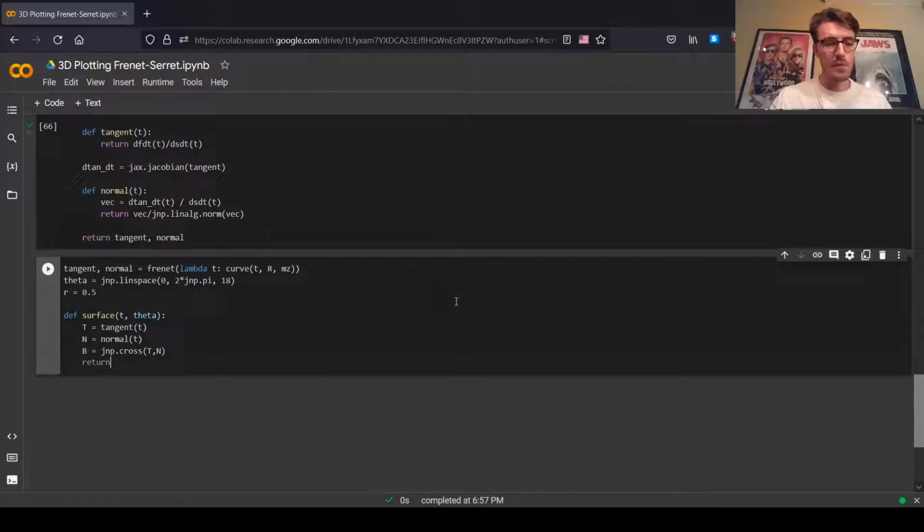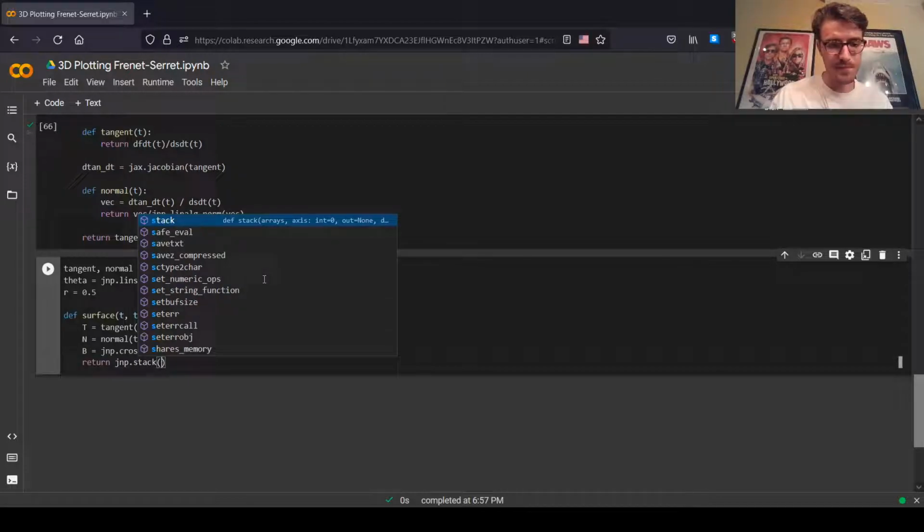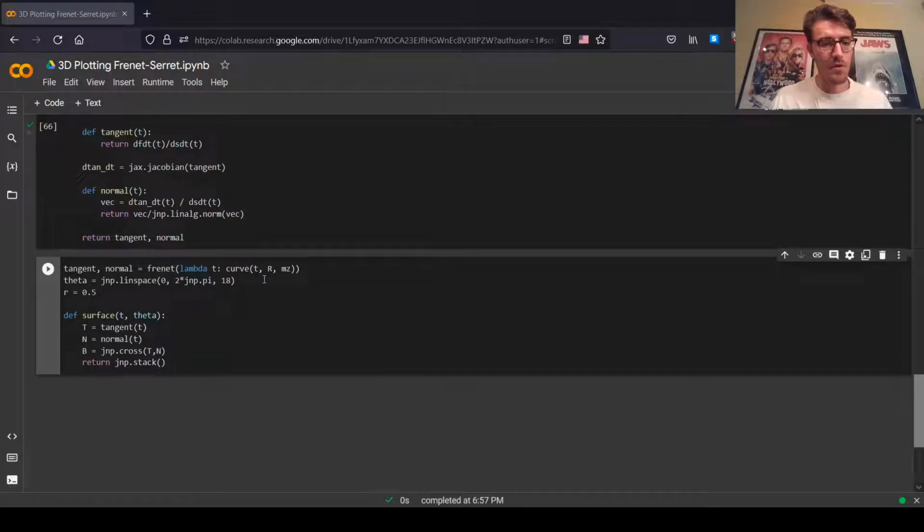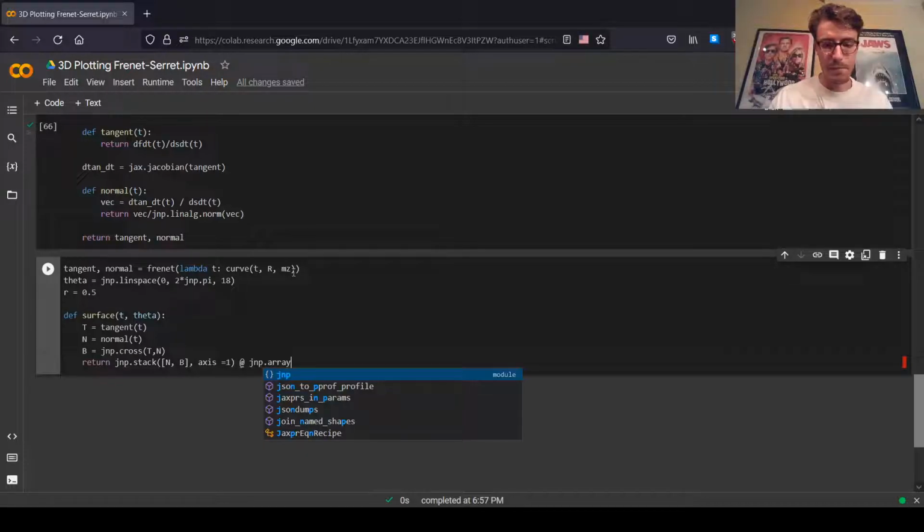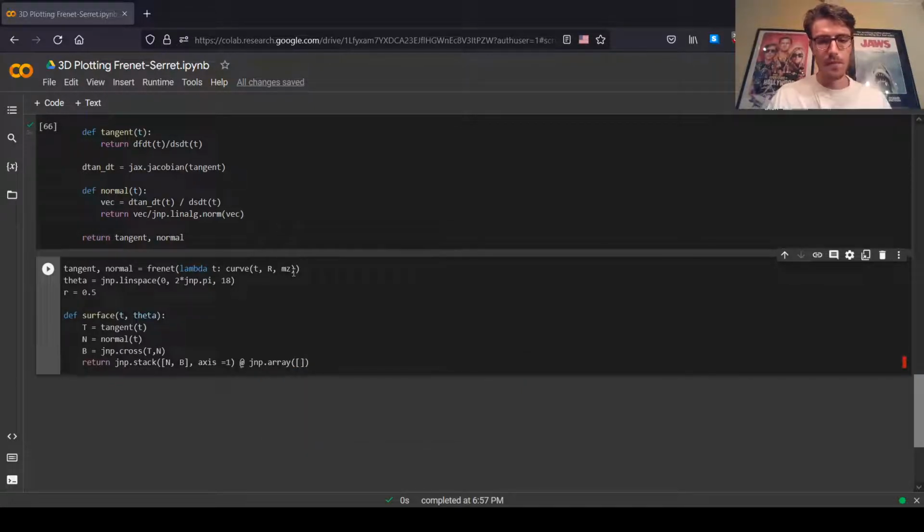As we have this now, we want this function to return a stack. So we'll have np.stack, that's how it wants it. Then it wants our arrays. We'll characterize that by N, B, and it's one axis. And then we want to take this and do matrix multiplication. So we'll make our other array with our trigonometric function.